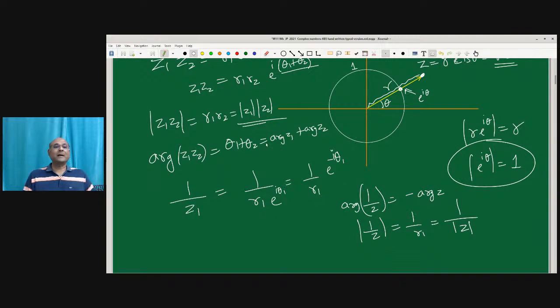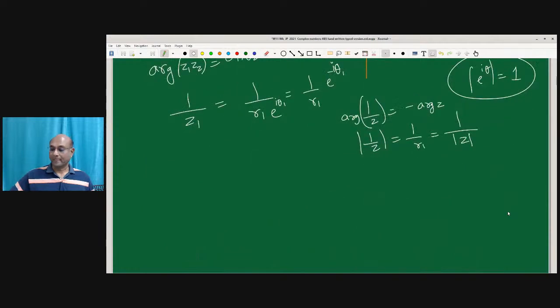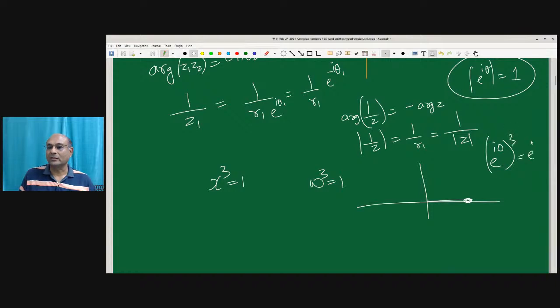So all these things become obvious once you recognize that you can write z as r e power i theta, and you can do all the exponent stuff that you were doing earlier. Using this, omega, when you say x cube is 1, cube root, right? Omega, basically, if I cube it, I must get 1. If I cube 1, the angle is 0. E power i 0 cubed is e power i 0.